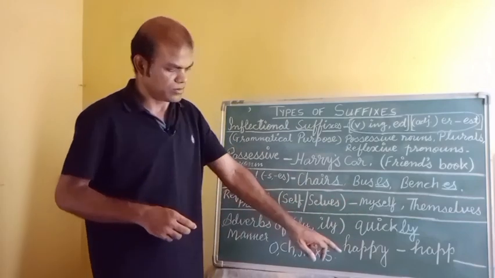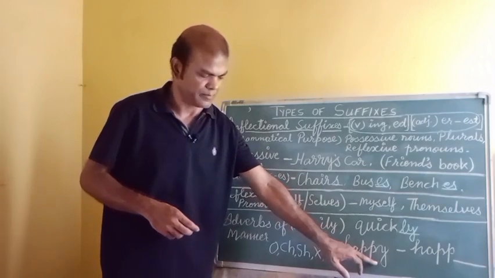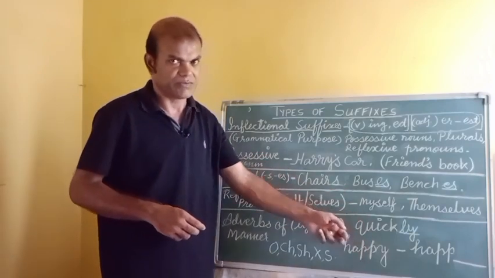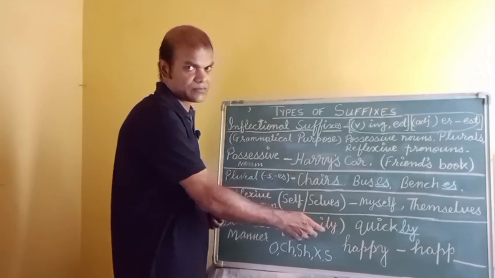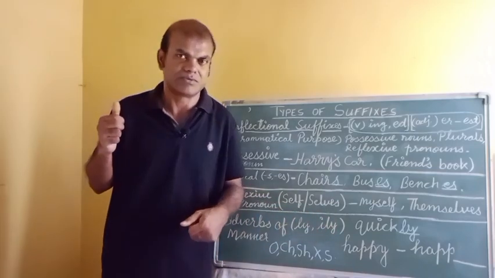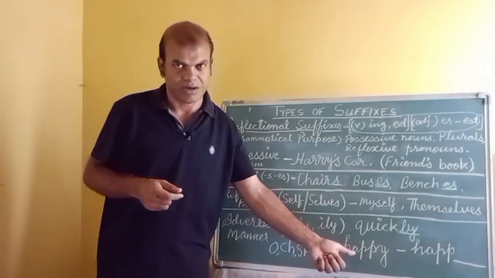Okay, now there is another adjective, happy. This is also an adjective, happy. Now to change this adjective into an adverb, we are going to add ily. Now why are we going to add ily? In my previous video there is a spelling rule, i in the place of y.